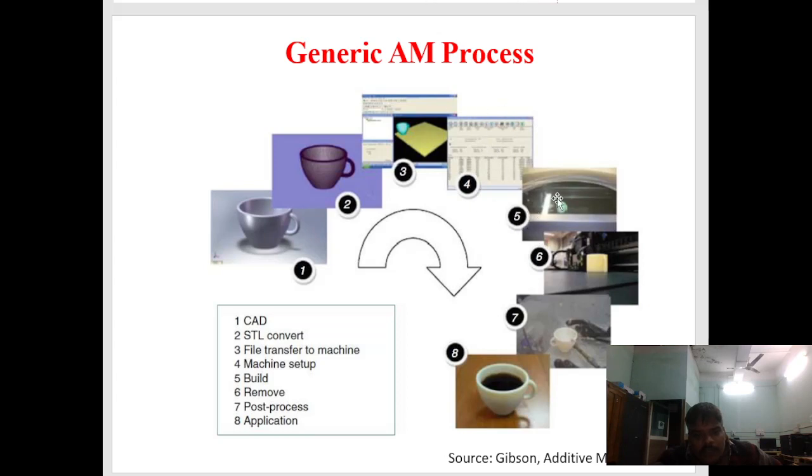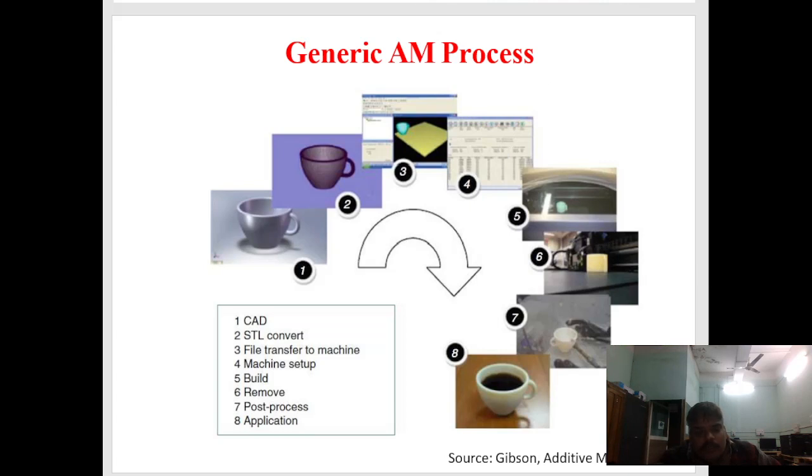Machine setup, next building. Then we remove the material. After that, post processing will happen. Then the eighth one is the application. We can use this cup for drinking tea. So those are the steps during the additive manufacturing process.